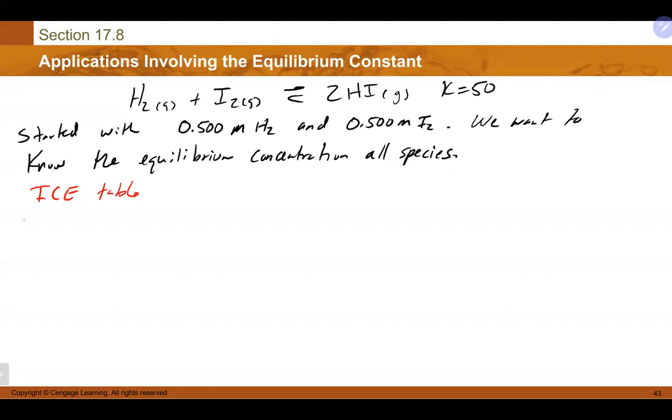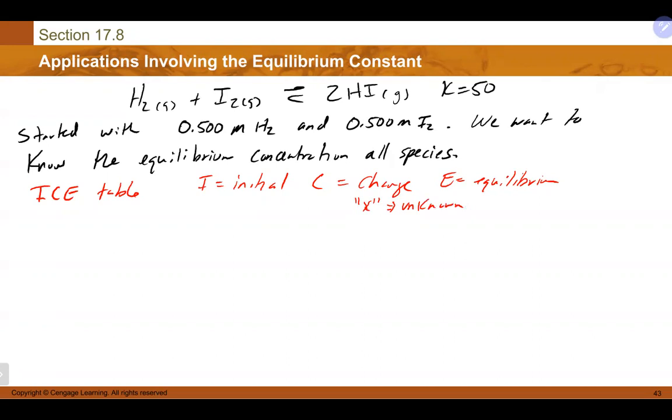In an ICE table, the I stands for initial, C stands for change, and E stands for equilibrium. There's usually an unknown, and the unknown is usually the change part. In most cases, we use the letter X as our unknown, what we're really trying to solve for.